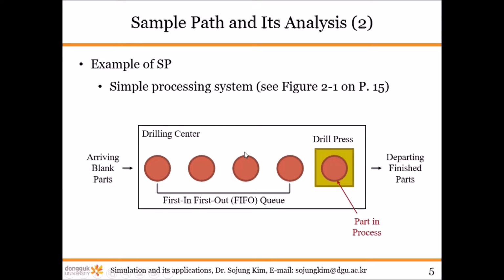Here we have one queue and a drill press, a drilling center. The part comes in initially, and there is a queue waiting for the service. Once the part is processed, it will depart the system, which is a drill center. As you can see, this is a very simple queuing model and simple system.